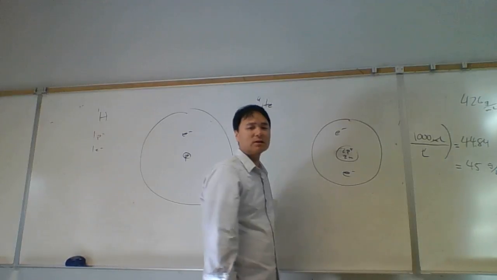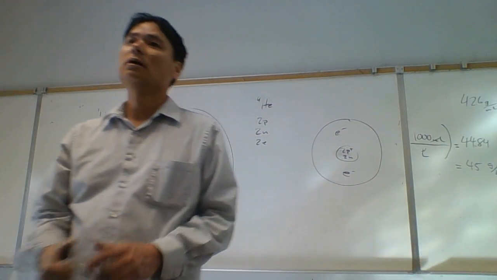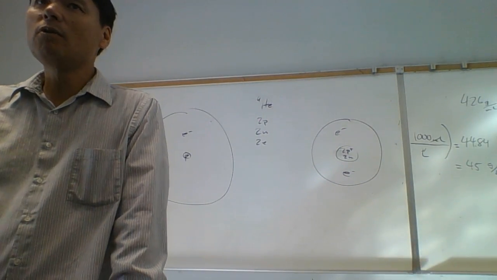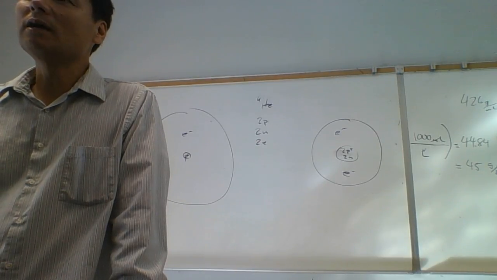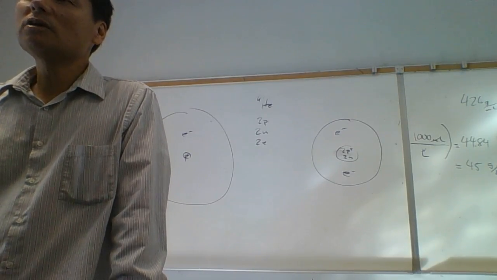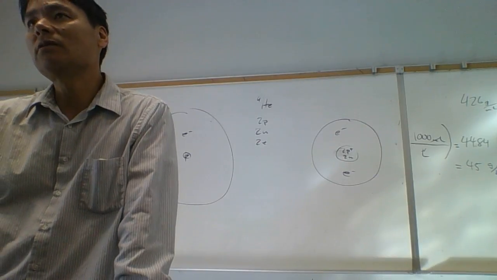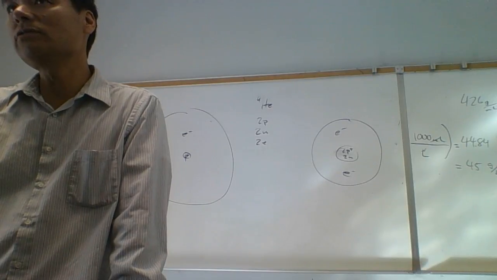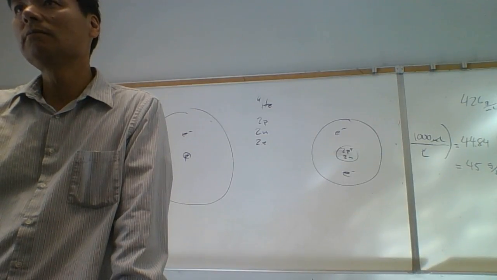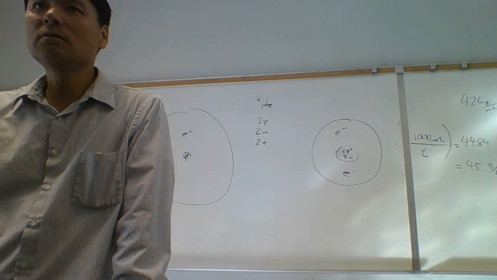Are electrons big or are electrons small? No, electrons don't weigh much. They weigh about 0.005 U. That's not much. So how big are they? I said electrons are about 2,000 times lighter than a proton or neutron. Does that mean they're 2,000 times smaller in physical size, in dimension? Is an electron a spherical particle?